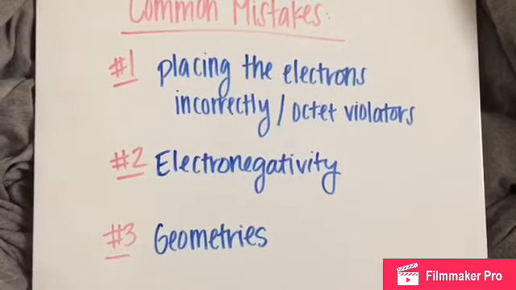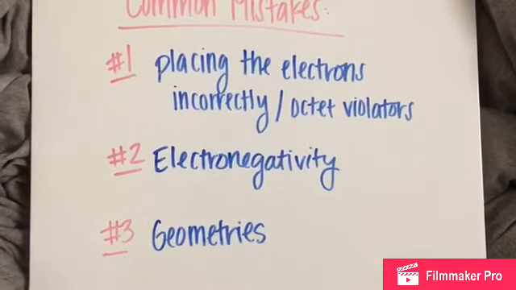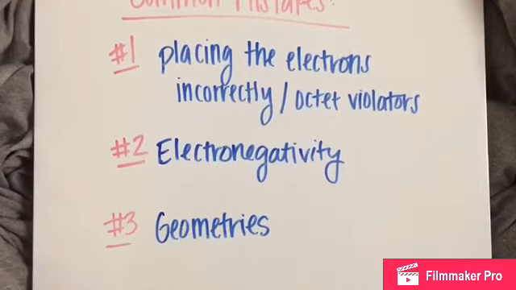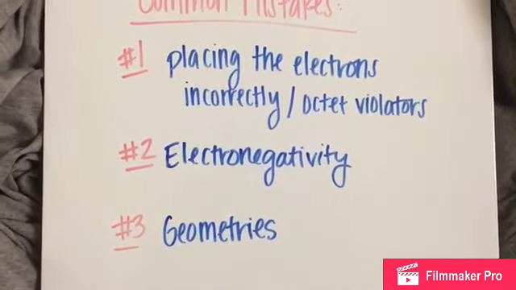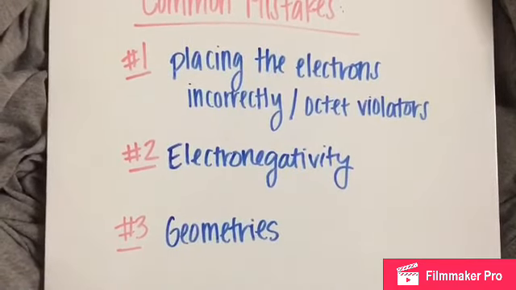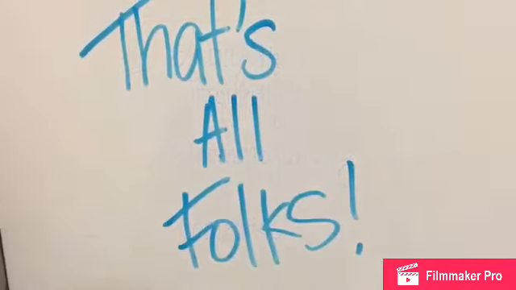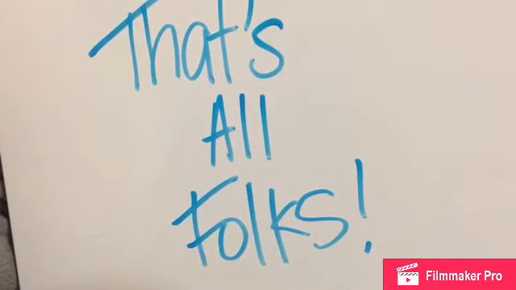Even if you didn't use the electronegativity trend and draw the dipoles and you base the polarity off of the domain geometry, if you get the domain geometry wrong, then you get the polarity wrong. And that is how you determine the polarity of a molecule.